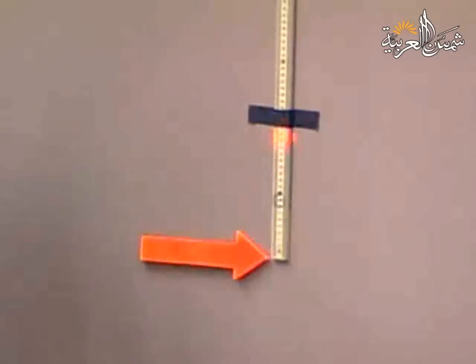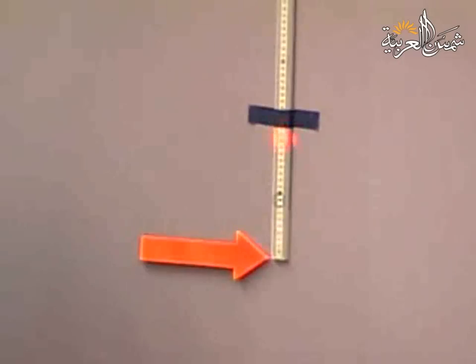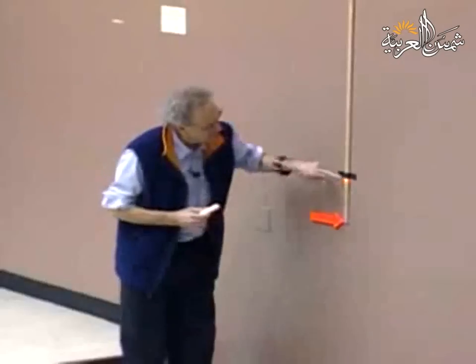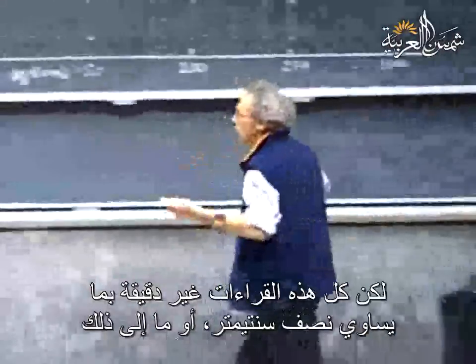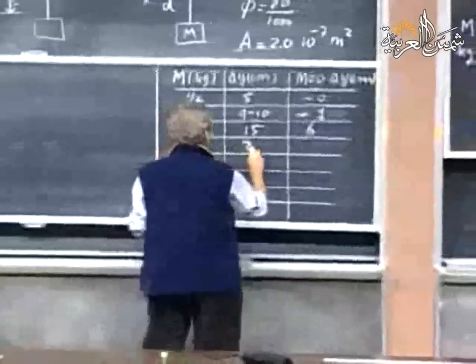Two kilograms. If it's linear, you would expect near 20. It's still amazingly linear. It's as close as I can see it to 20, but all these readings are no more accurate than half a centimeter or so. So can you remove the 2 kilograms?